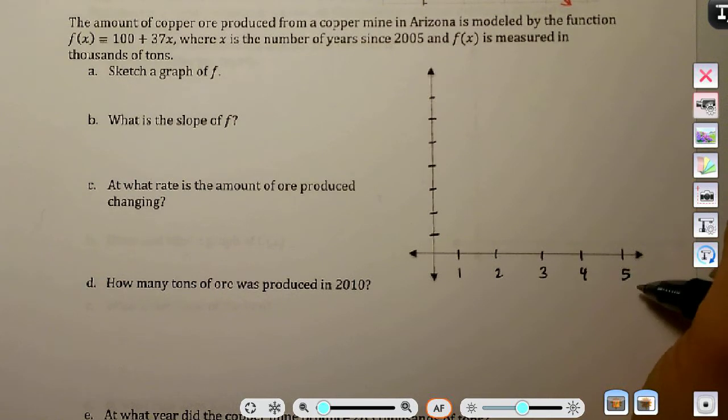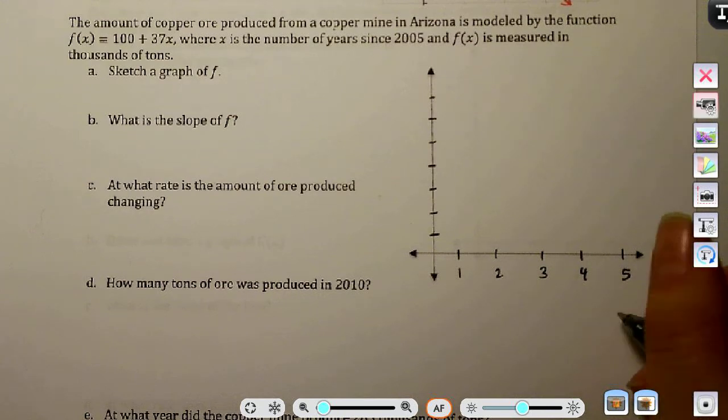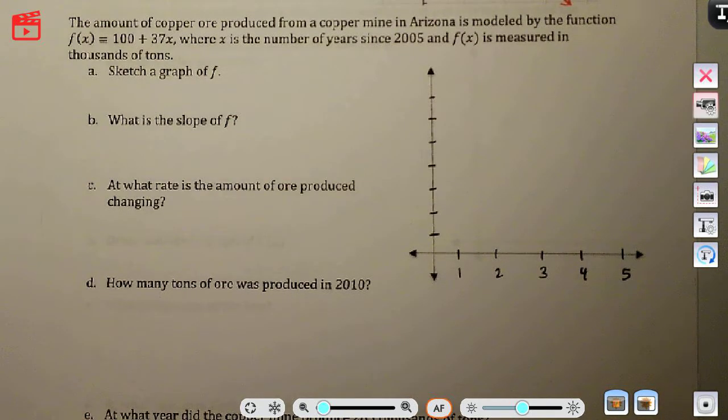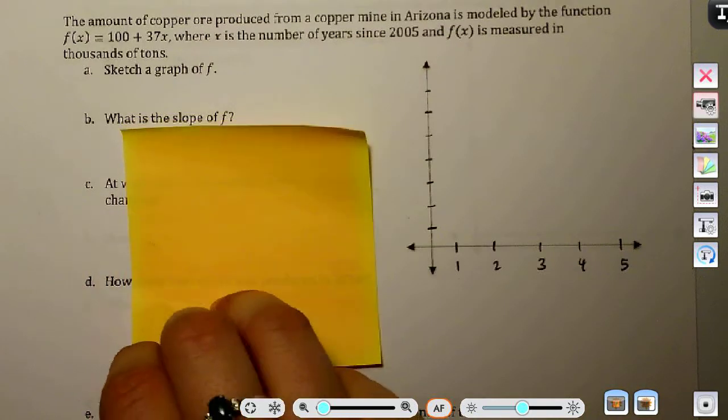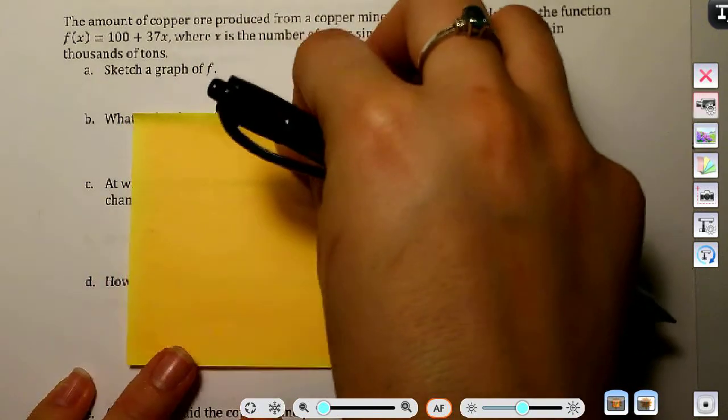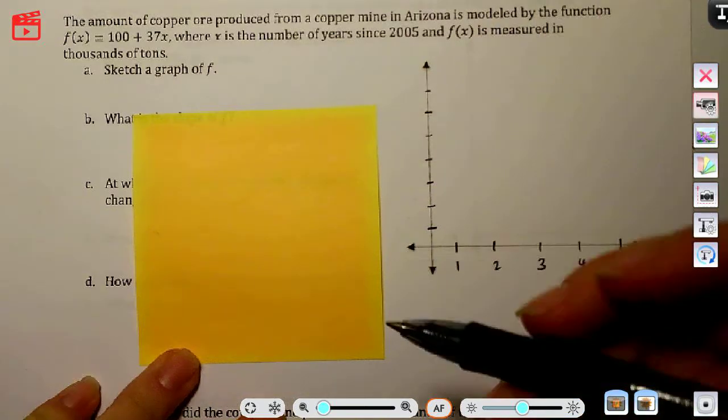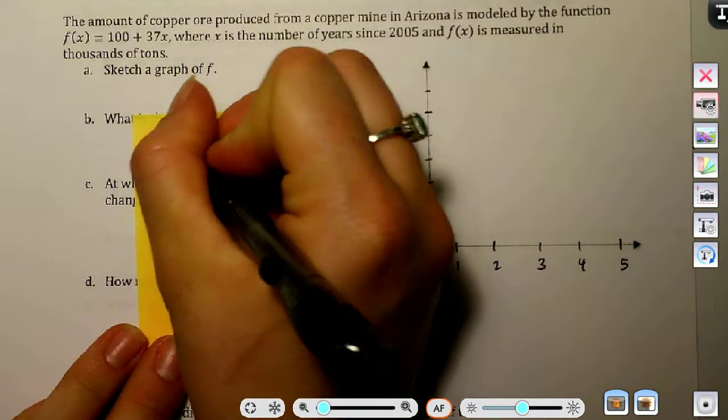So sketching a rough graph. Let's pick some values to plot this graph. Let me use some scratch work paper here. And remember, we just need 3 points to graph a line, so let's go ahead and find 3 points.